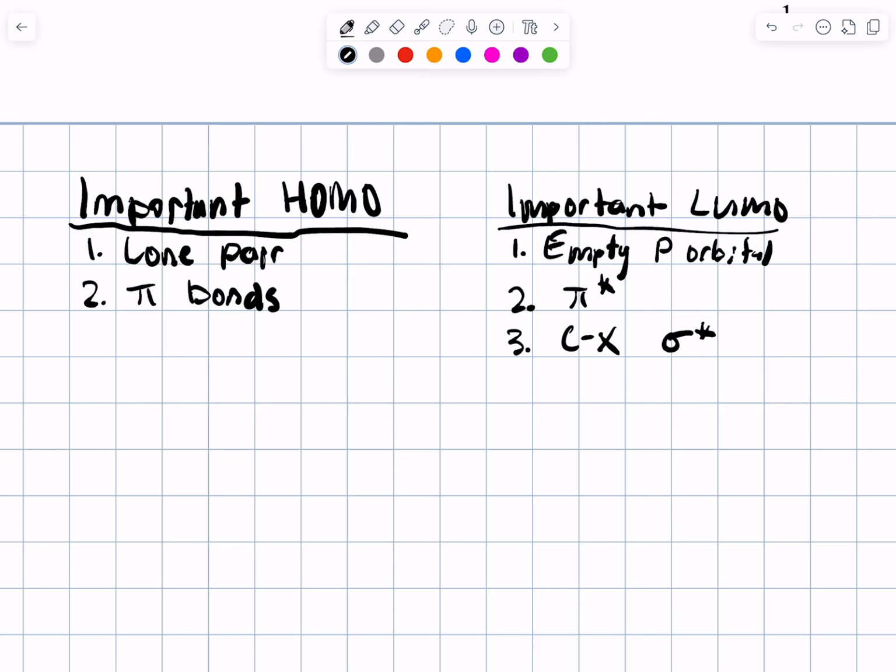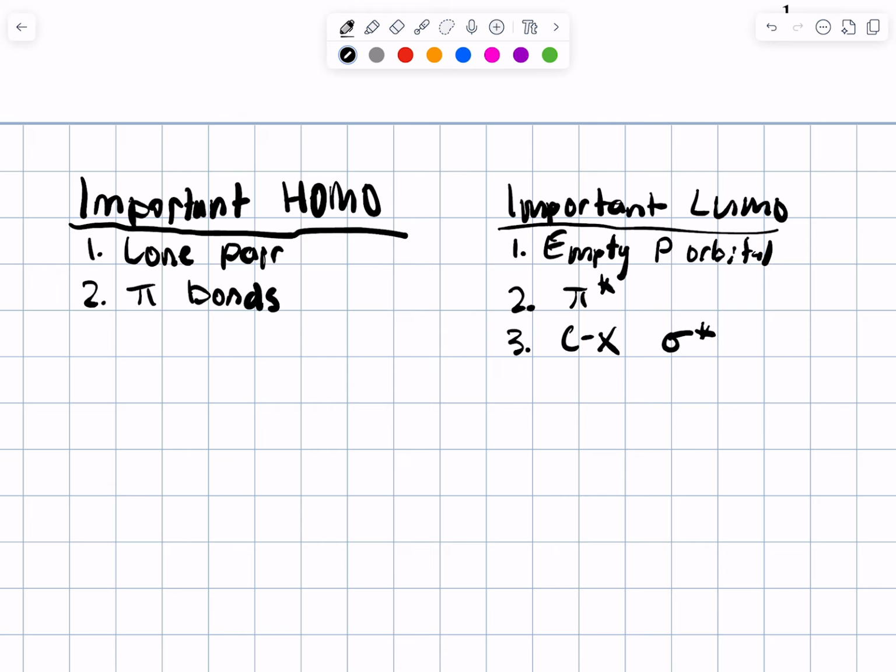Can I interject just briefly there? Yeah. I would just say that for number 3, you're looking for sigma stars associated with weak bonds. So sometimes carbon-halogen bonds. Carbon-fluorine is actually a really strong bond, but carbon-bromine, chlorine, iodine, those are weak bonds because those atoms are large and the bonds are necessarily long and weaker.